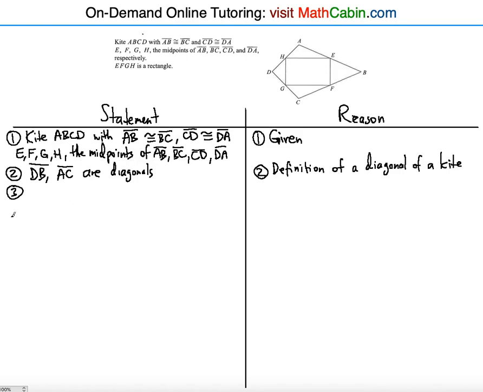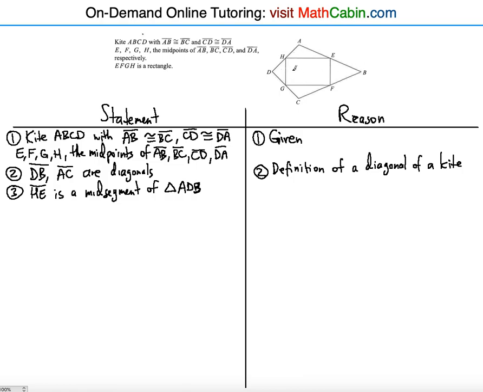Now the next part is to see that these sides of this quadrilateral in question are actually mid-segments. So HE is a mid-segment of triangle ADB. If you find triangle ADB, this diagonal of the kite will serve as the third side of this triangle.